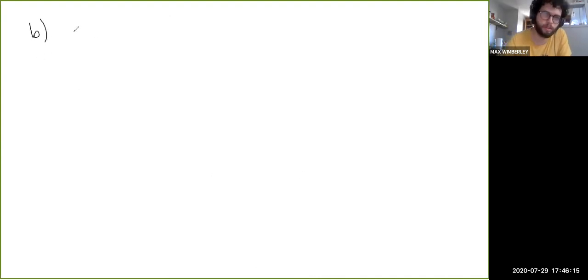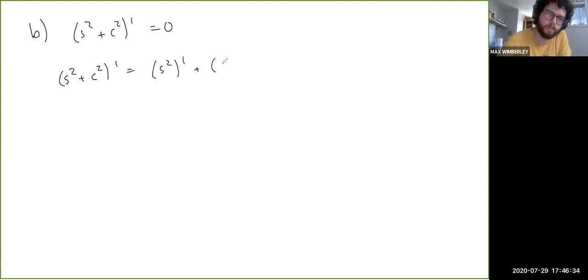Part B was to show that s squared plus c squared prime is 0. For this, you can just use the rules of differentiation, right? So s squared plus c squared prime is going to be s squared prime plus c squared prime, which is 2s s prime plus 2c c prime, right?